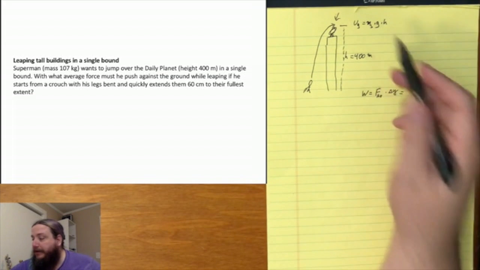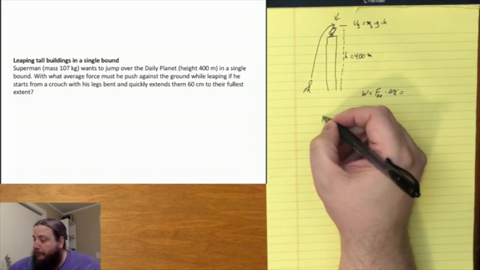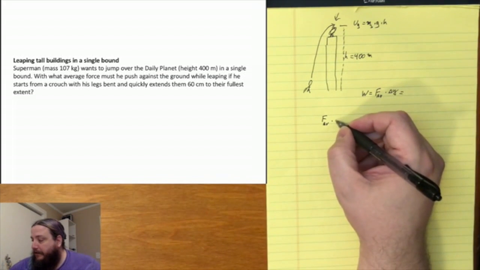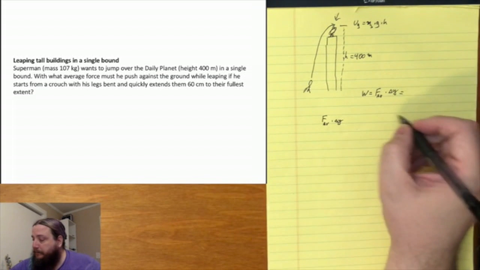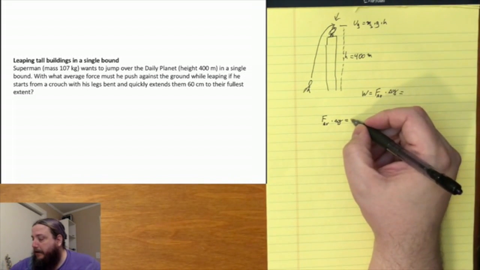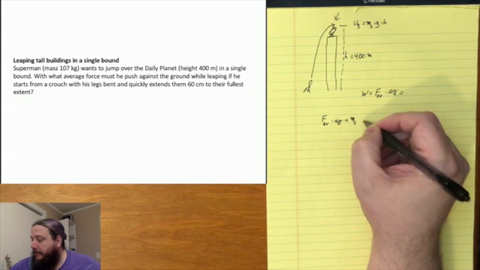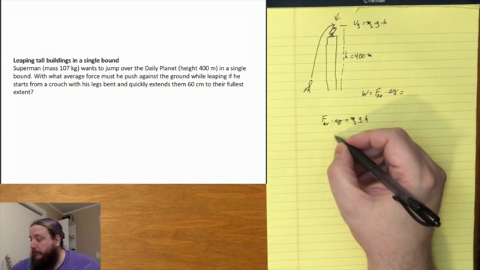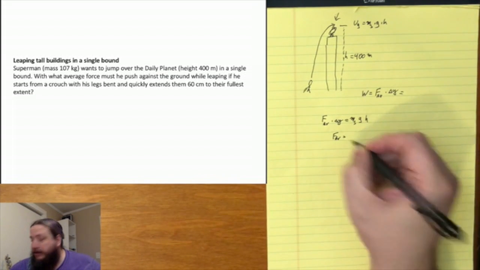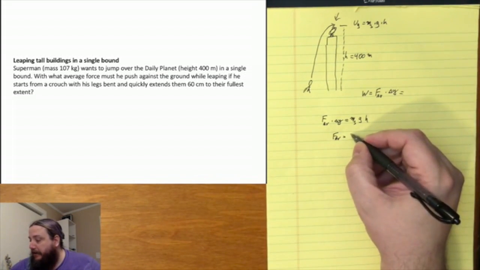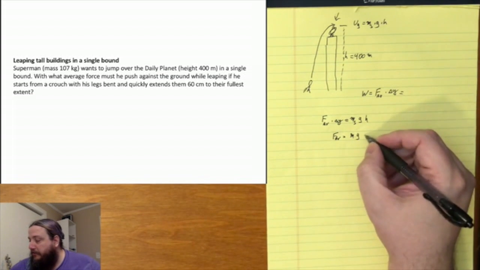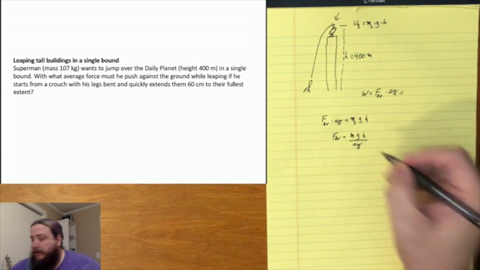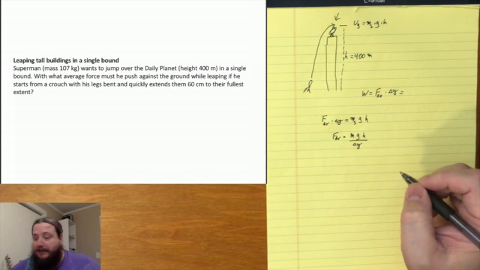So if we set this work equal to that energy, so average force times that delta y is going to be mgh, and now we can solve for force. The average force he would need to push off with is his mass times g times the height of the building divided by the length that he was pushing through.